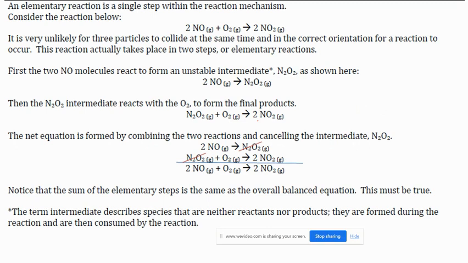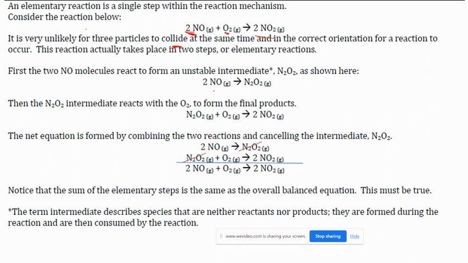Okay, so it's unlikely, when you look at this equation, in order for this reaction to occur, that you would need to take 2 of these and 1 of these, so 3 things, and get them to collide together to produce this in the right orientation. The chances of that happening are usually pretty slim.